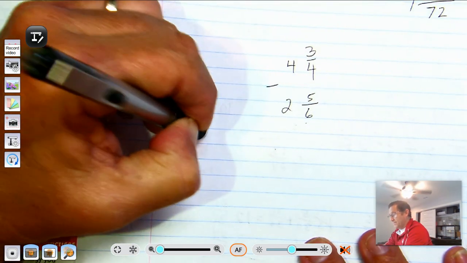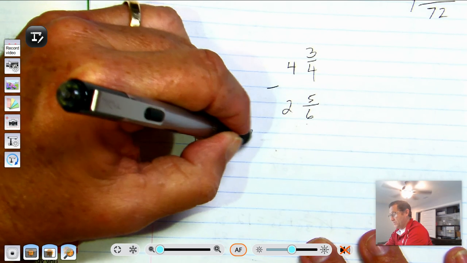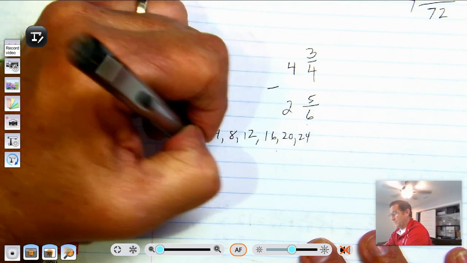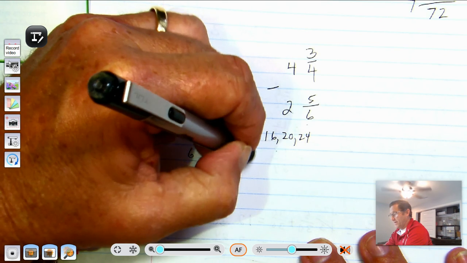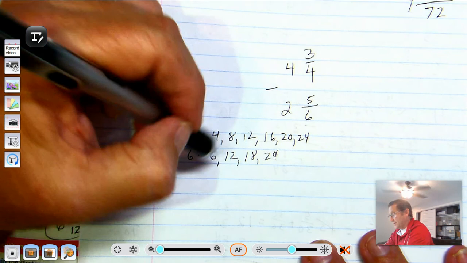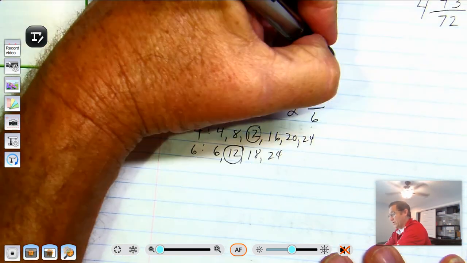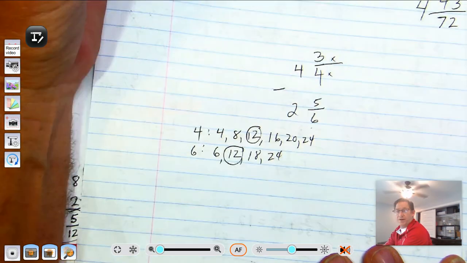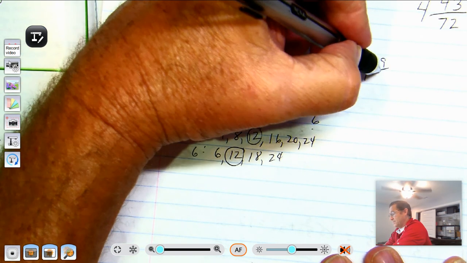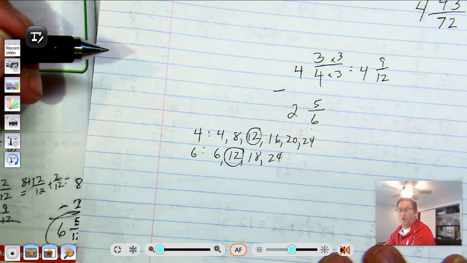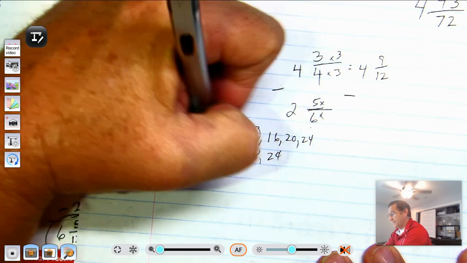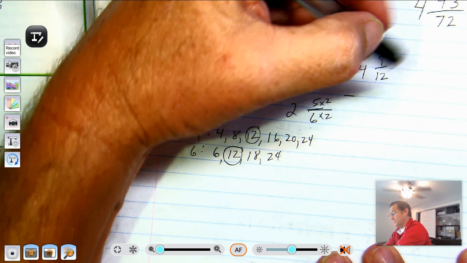Well, 4 and 6. 4, 8, 12, 16, 20, 24. 6, 12, 18, 24. Well, I could use 24, but I'm going to use the least common and make them 12s. So I'm going to multiply 3/4 by 3/3. So the equivalent fraction is 4 and 9/12 minus, I'm going to multiply the sixths by 2s.